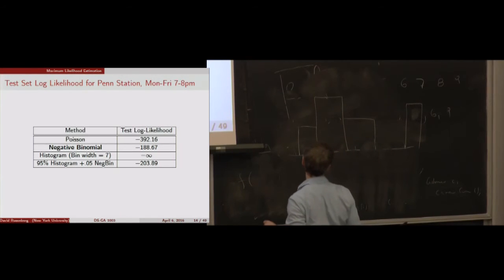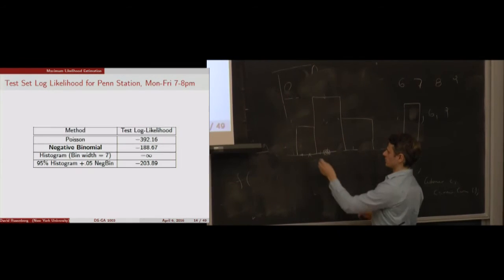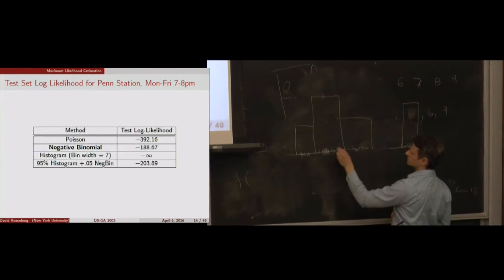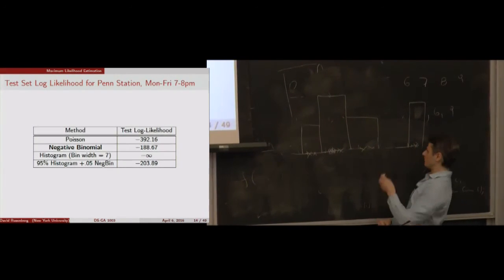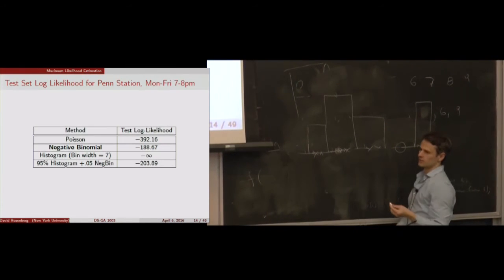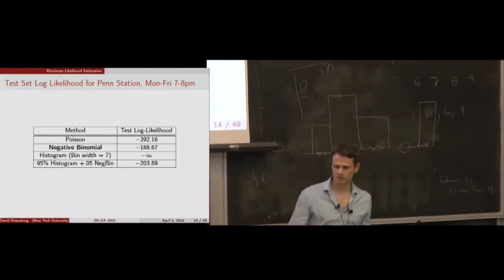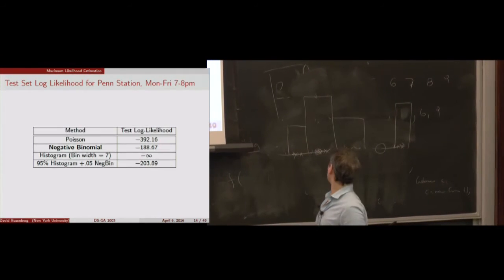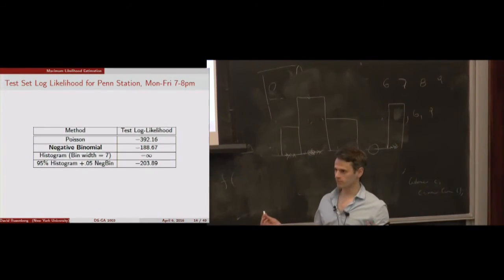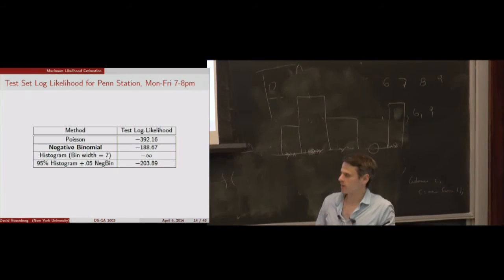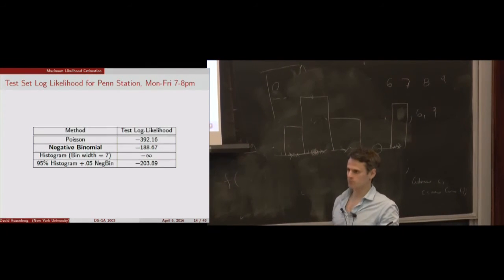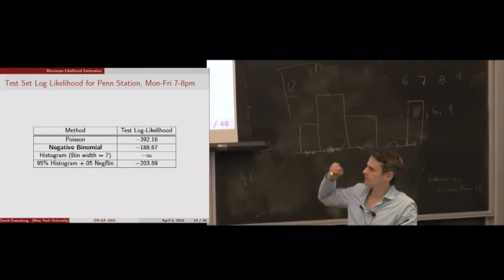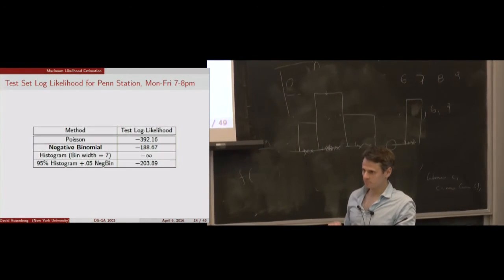This is based on training data like this. Now in tests, suppose we have a point here. What's its likelihood under the model? 0. So no matter how well it fits everywhere else, it doesn't matter because one of those things has probability 0, so the entire data set has probability 0 according to the model. So log likelihood, negative infinity. No good.